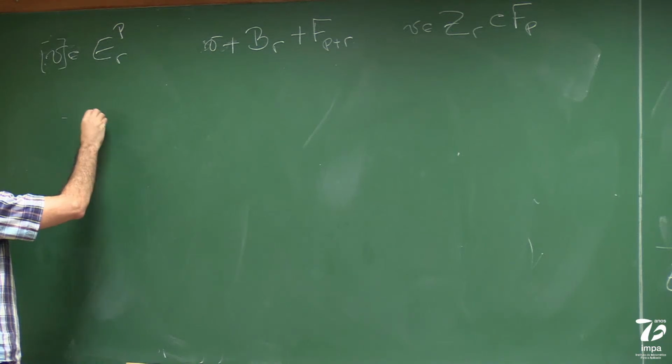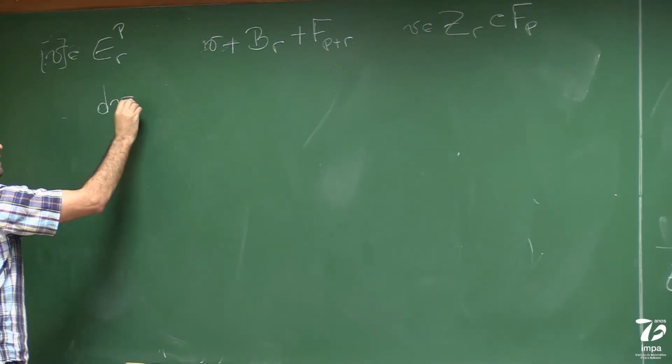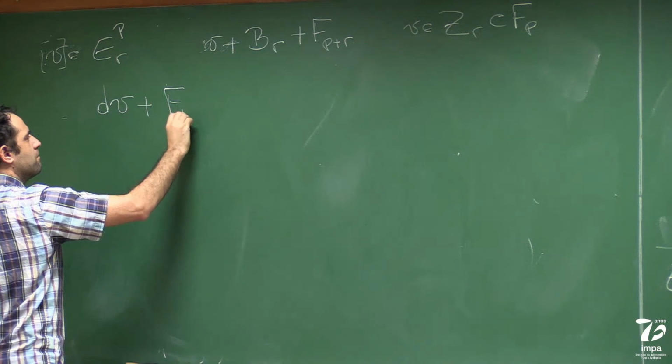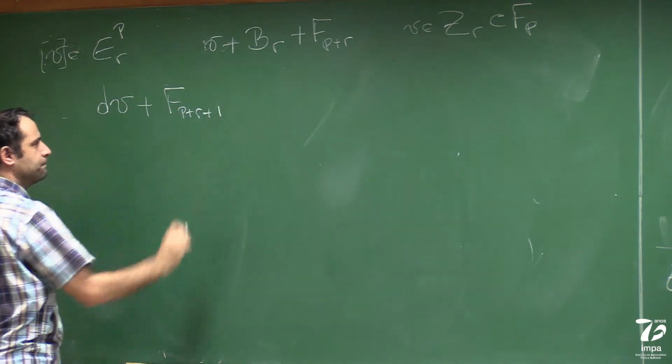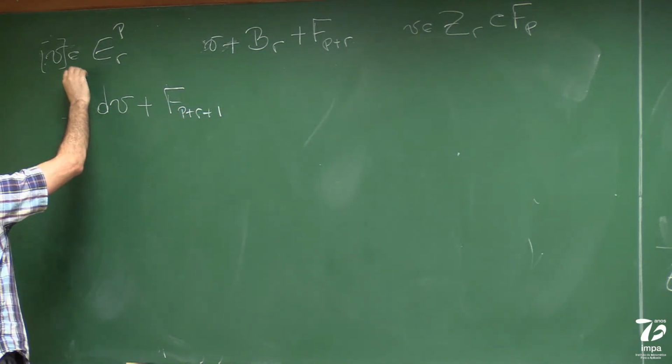And now you just do dV plus FP+r+1. And this is the differential of this guy.